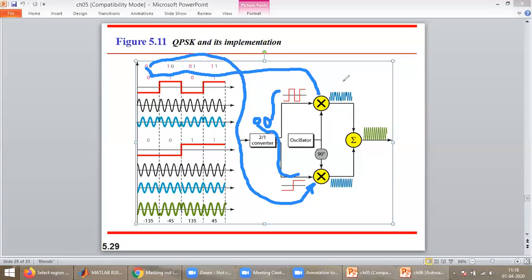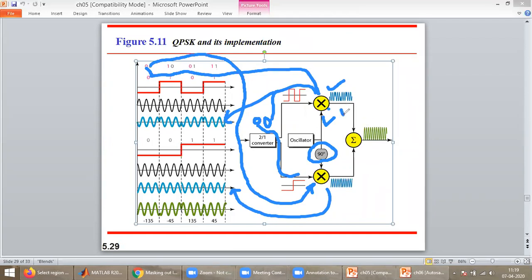Here this multiplier will generate this signal, and this multiplier will generate this signal. This one is in phase. Here we are changing the phase value for the second binary phase shift keying method.